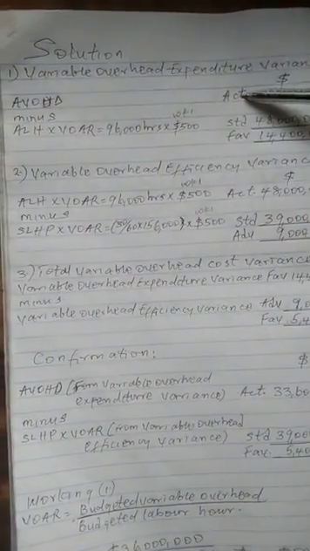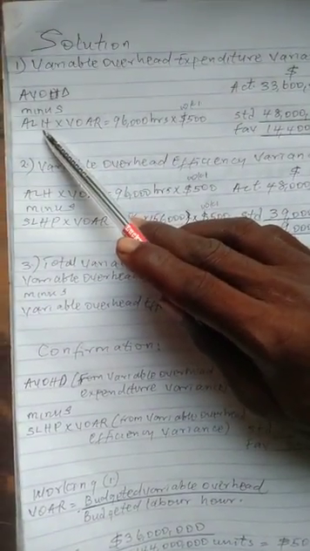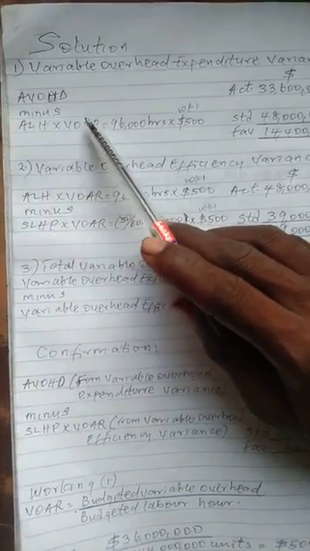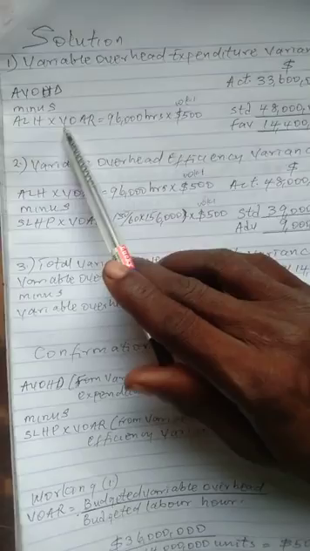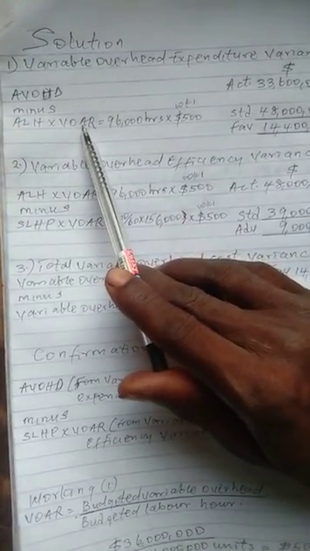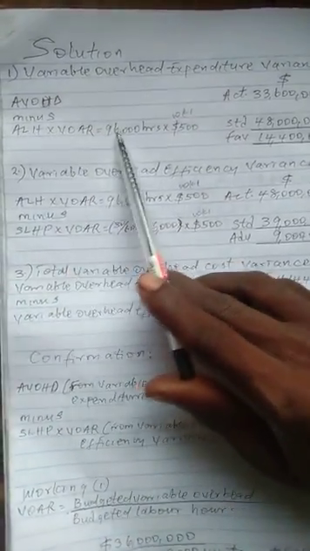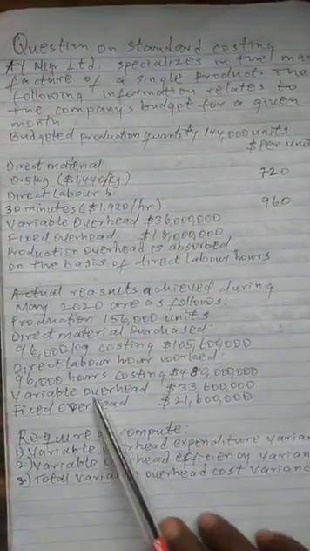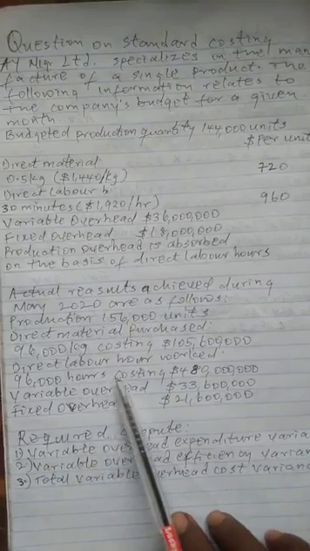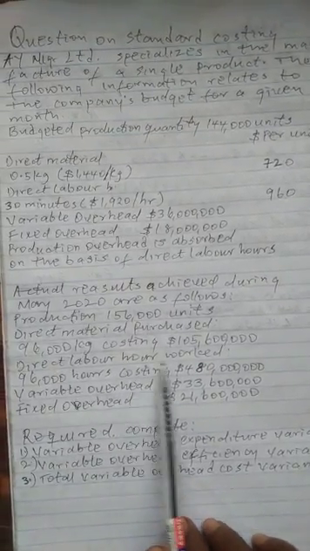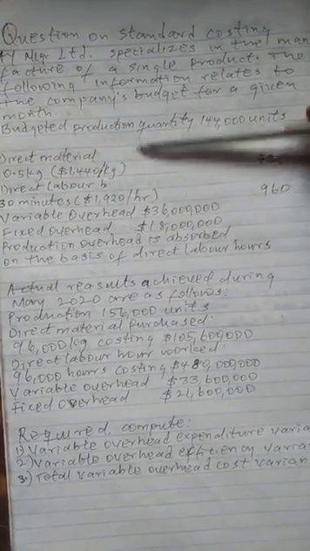That is the actual aspect of it, minus actual labor hour multiplied by variable overhead absorption rate. So what's our actual labor hour? Go to the question. Direct labor hour worked. You go to the actual aspect of the question; up here is the budgeted aspect.